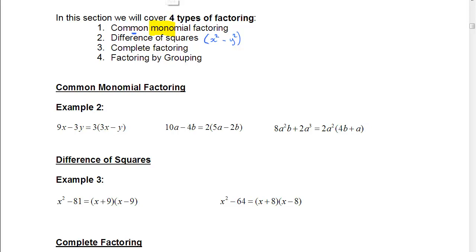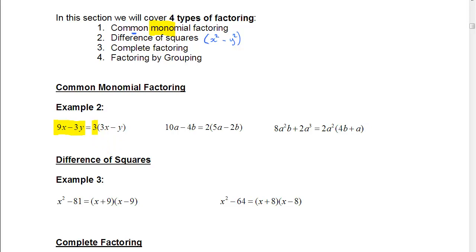So common monomial factoring, we see here 9x minus 3y. There's a 3 common with both of them, and if we take the 3 outside, that gives us 3x inside the bracket. And if we remove the 3 from 3y, or divide 3y by 3, we're left with just y.